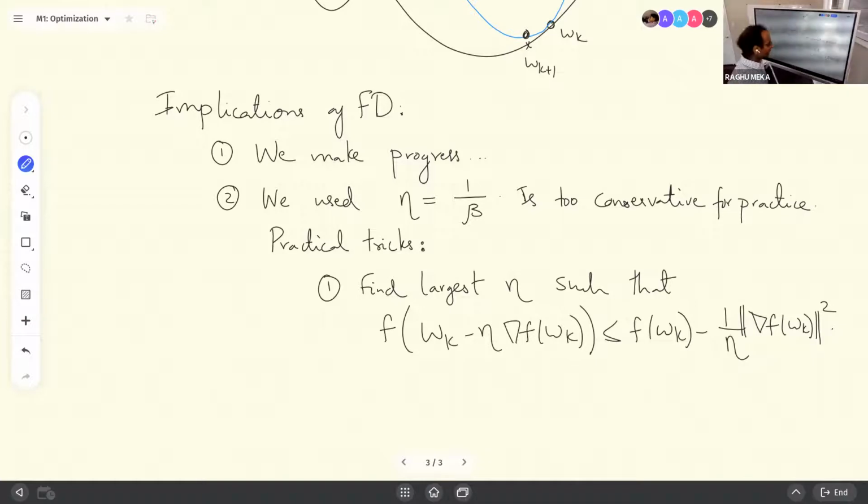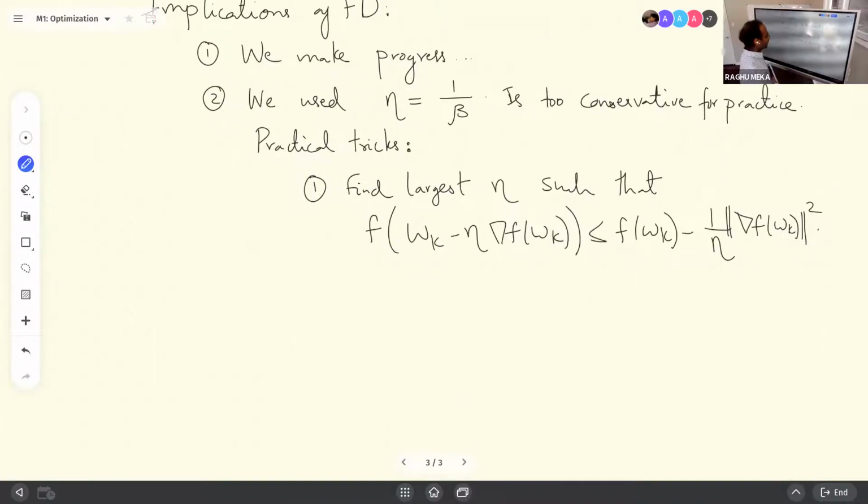All right, so what's one nice way of doing this in practice? Imagine I don't know the parameter beta, but I can guess it to some number. What would I do? I can do a kind of binary search, right?